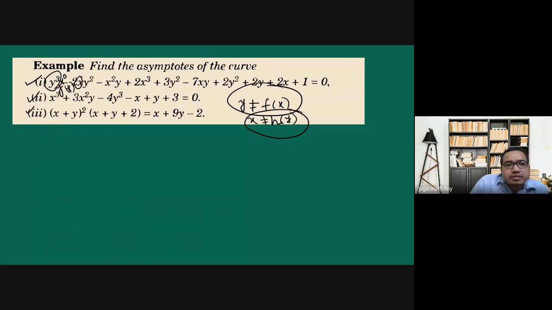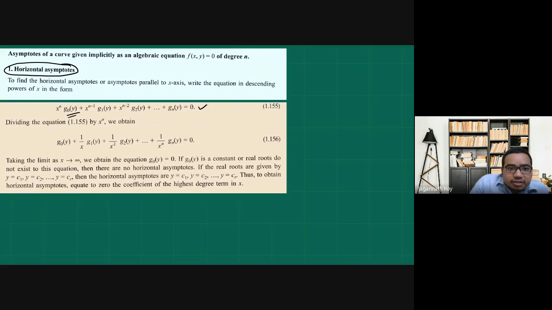Similarly, this is x. So if the function is given in this form, then we will divide this equation by x to the power n. Once we divide it by x to the power n, we'll get this next equation here.